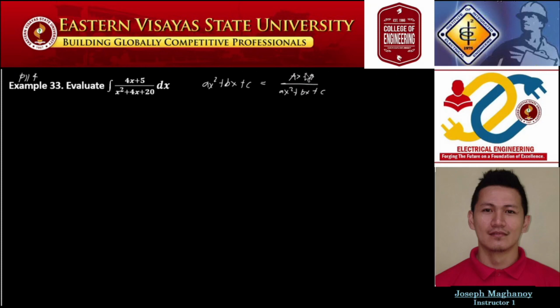We all know that the x in the numerator is only the first derivative of our denominator, ax squared plus bx plus c. So let's rewrite our function in terms of partial fraction decomposition.